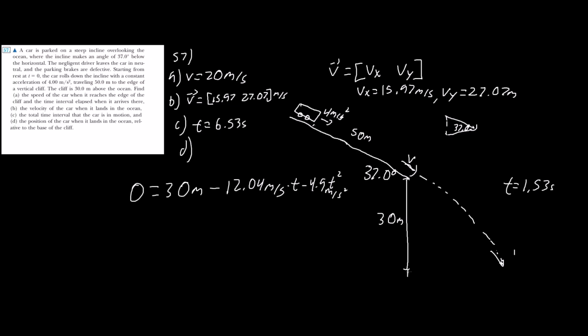And now where the position is going to land. That's pretty straightforward. We found the time it takes for it to reach the ground at 30 meters. So x is going to be 15.97, or 20 cosine of 37 degrees, times that time, which is approximately 24 meters.